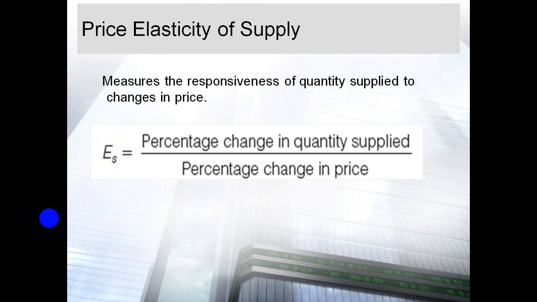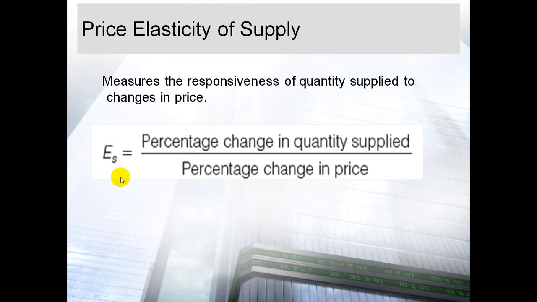What does elastic supply mean? The percentage change in quantity supplied is larger than the percentage change in the price of the product. While if the final answer of ES equals 1, the percentage change in quantity supplied is equal to the percentage change in price.